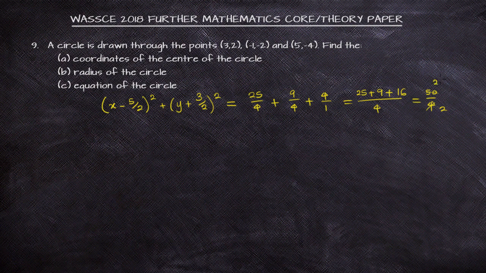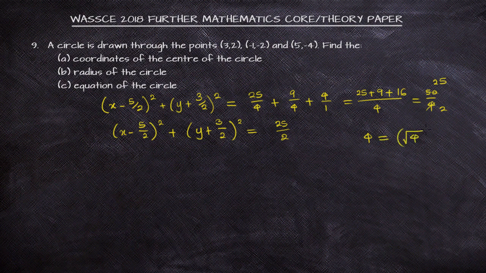So that will, 2 will go and we have 25 over 2. Such that our expression for the equation of the circle will be x minus 5 over 2 all square plus y plus 3 over 2 all square, and that is equal to 25 over 2.